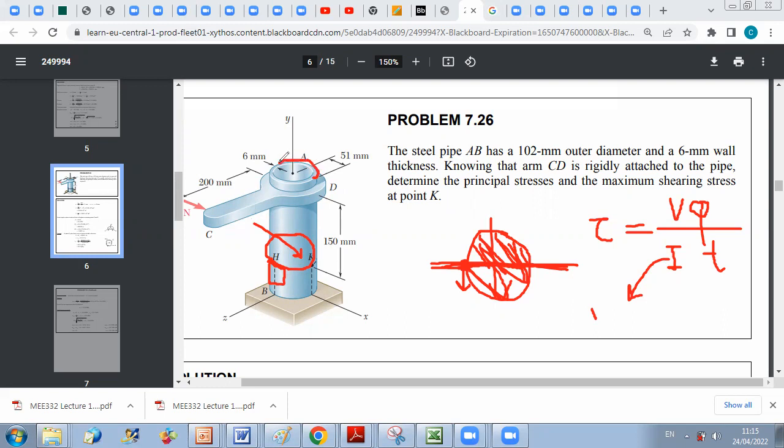So for an annulus, the value of the second moment of area, which is the inertia, is pi times r outer to the power 4 over 4 minus r inner to the power 4 over 4.